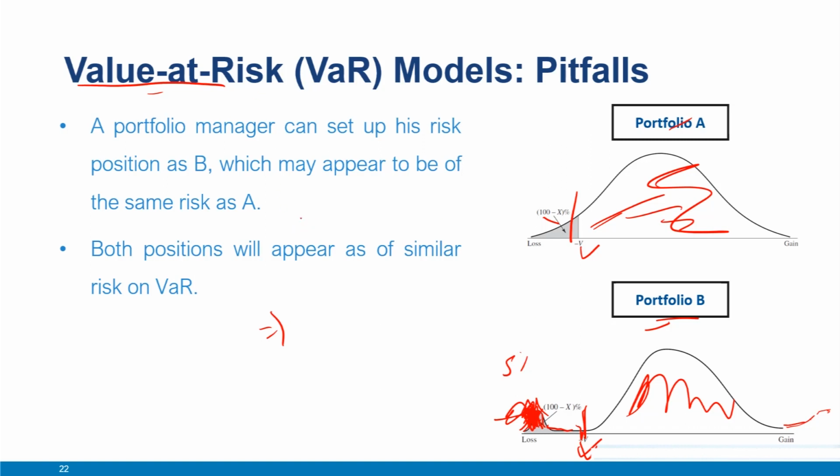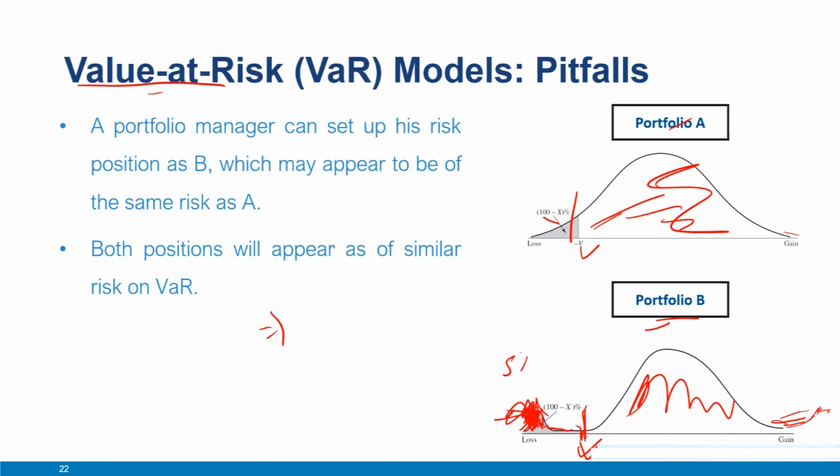So to somebody who is looking only at VaR as a measure, both portfolio A and portfolio B will appear as of similar risk. Like I said, his motivation would probably be some excess gains on the positive side that he is expecting because of this extreme risk taking.